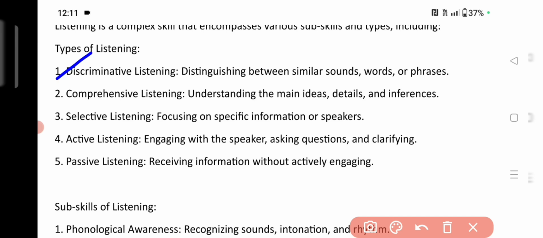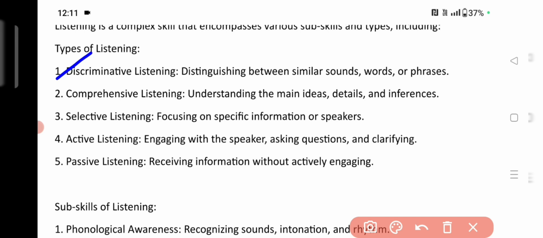There are many confusing, similar words in English, like week and weak, with similar pronunciation but different meanings. So you need to distinguish between similar sounds, words and phrases.